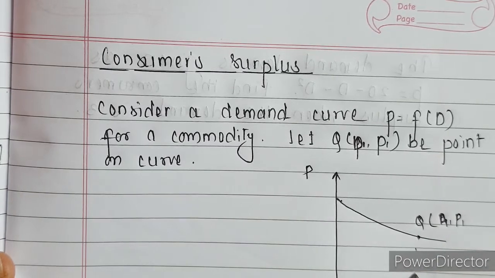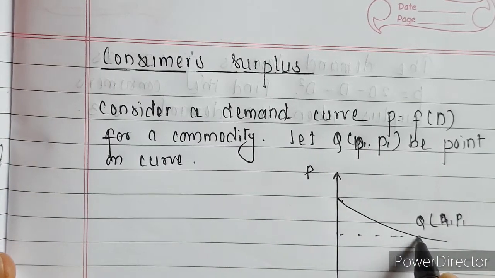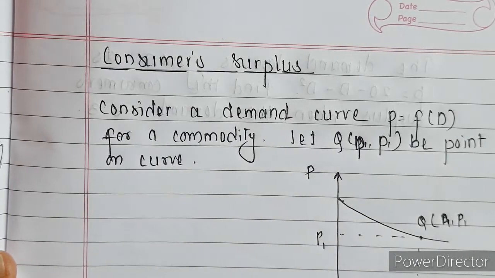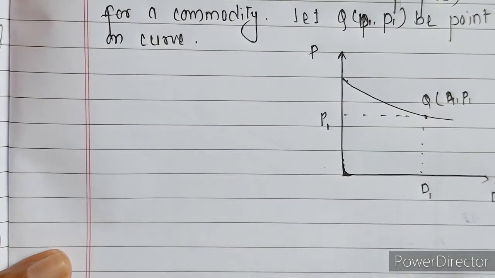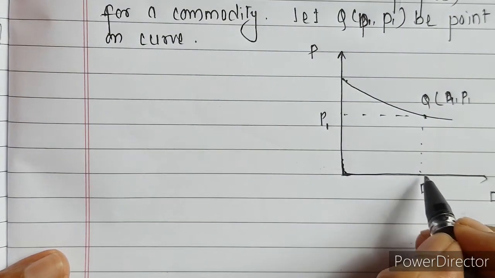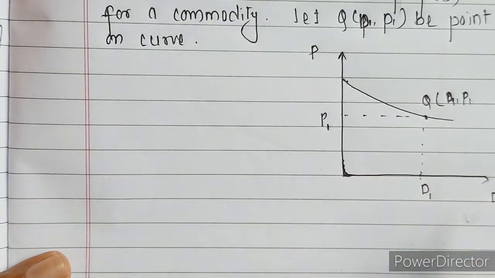So this is our D1 and this is P1. What is this D1? D1 is demand, and for this demand P1 is price.